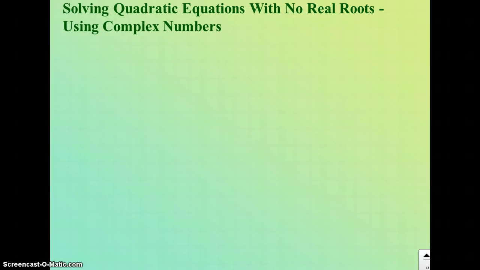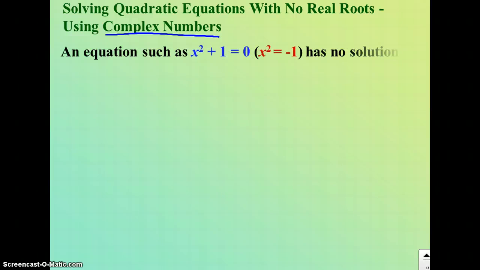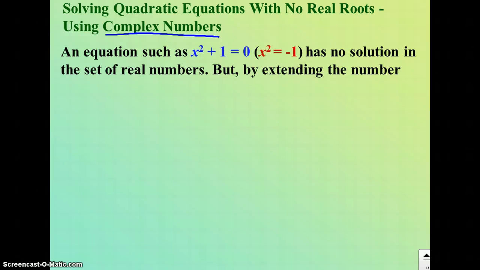So if I go to a different number set, the complex numbers, I can simplify equations that have no real roots. I can simplify the solutions anyway. All right, so let's just review complex numbers. An equation such as x squared plus 1 equals 0, or if I subtract 1 from both sides, x squared equals negative 1. This has no solutions in the real number system.